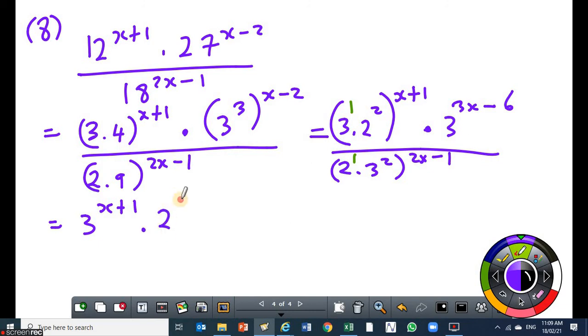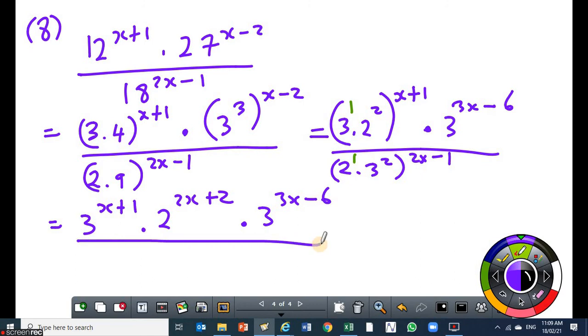So that will be 2 times 2x plus 2 times 3 to the power of 3x minus 6 all over. Here, the exponent of the 2 is the 1, so 1 multiplies both 2x and minus 1. So I'll get 2 to the power of 2x minus 1 times 3, 2 times 2x, that's a 4x, 2 times minus 1, that's minus 2.